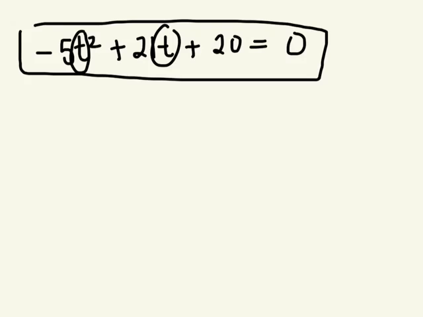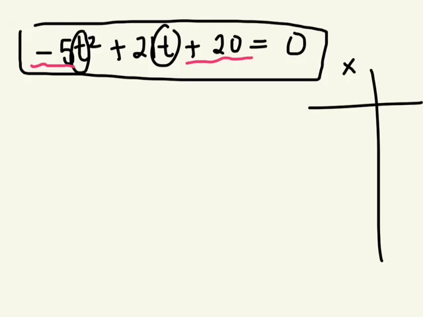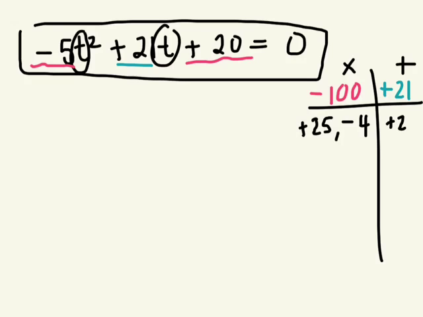Can you solve for t now? Factor, good. We're looking for two things that multiply together to give us negative 5 times positive 20, which is negative 100, and they have to add up to positive 21. Look for factors of negative 100. Positive 25 times negative 4 is negative 100, and that adds up to positive 21.